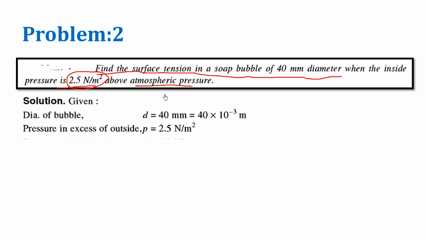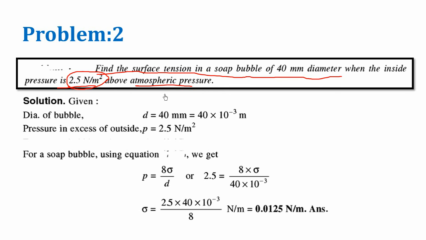So we will write the given data. Diameter of the bubble is 40 mm, which is converted into 40 into 10 power minus 3 meters, because 1 mm equals 10 power minus 3 meters. Pressure in excess of atmosphere or outside, we will call it P equal to 2.5 Newton per meter square.